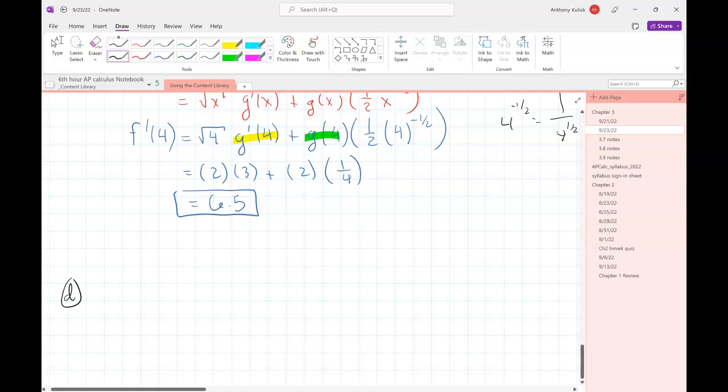I just want to point out too that on occasions, depending on how many products you have together, you may have product rules inside of other product rules. So say for the example, you have the product of 3 expressions. Now we don't have 3 different things that we know how to take the derivative of that we can't just turn into polynomials and combine like terms to get around having to do something like this.